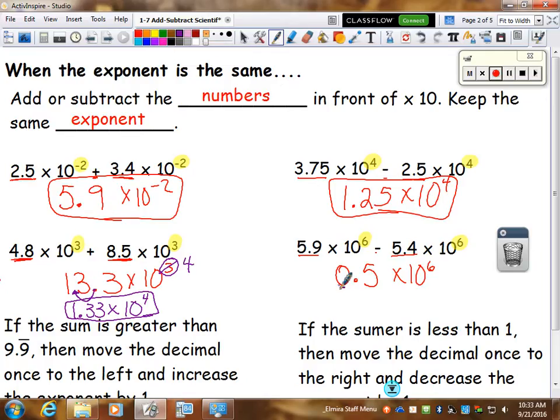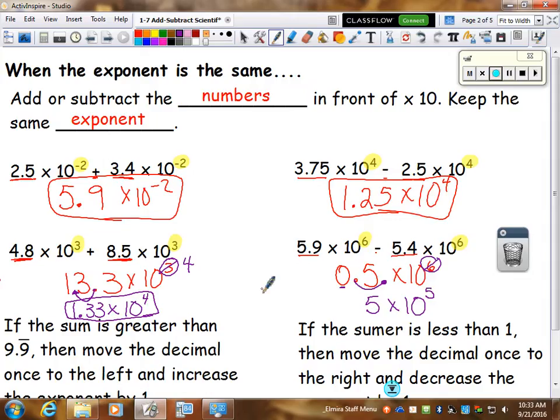It has to be any number 1 through 9. So that means I need to move this decimal over to here so that it can be 5 times 10. But again, I can't just move a decimal without changing the exponent. So when I moved that decimal to the right, I have to decrease my exponent by 1.